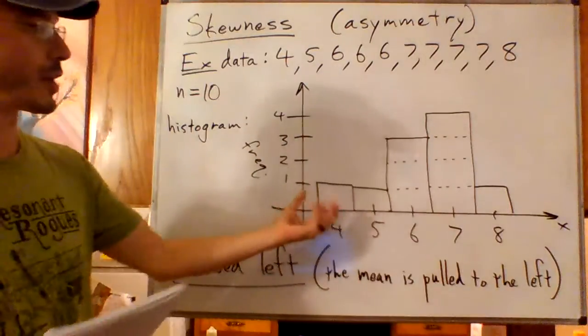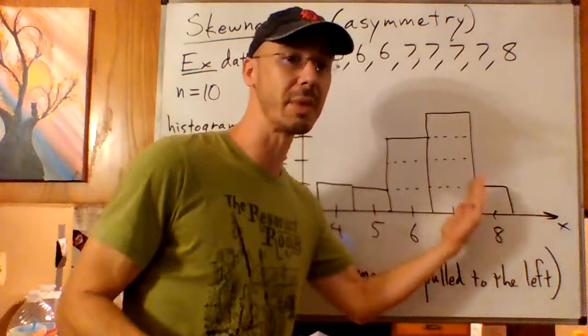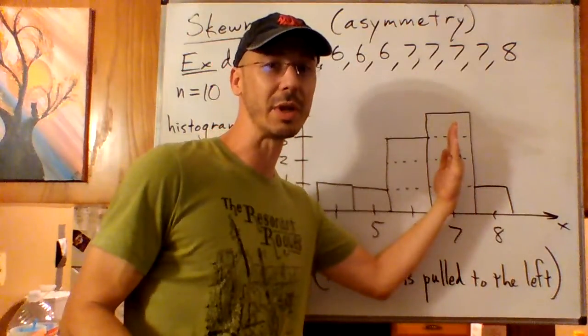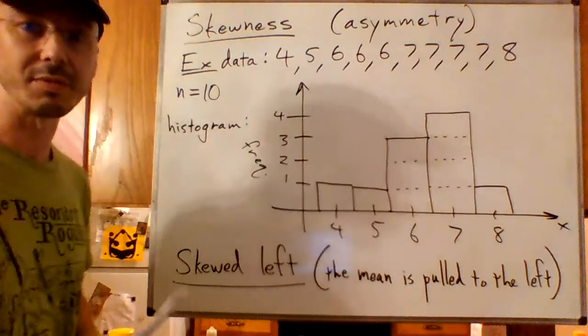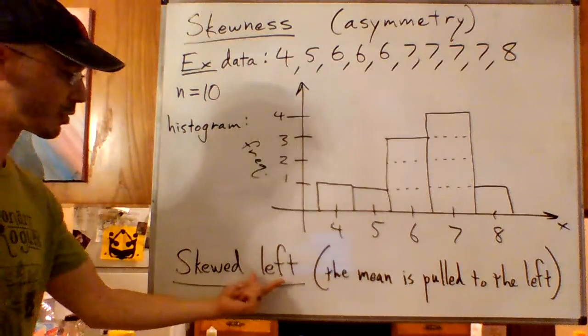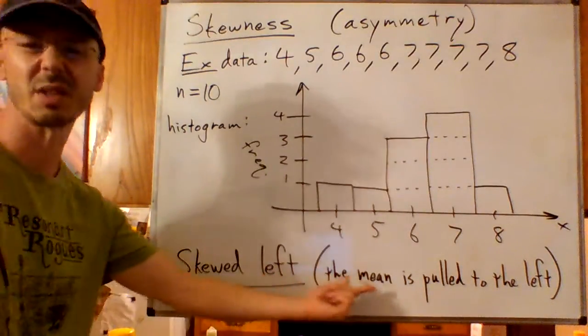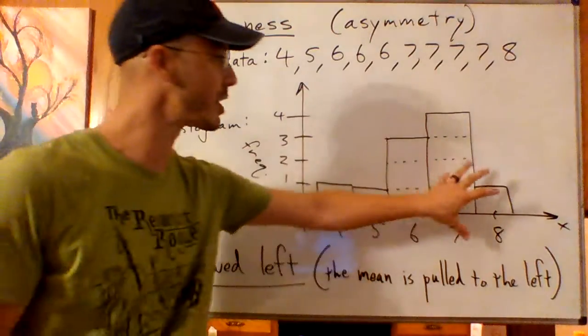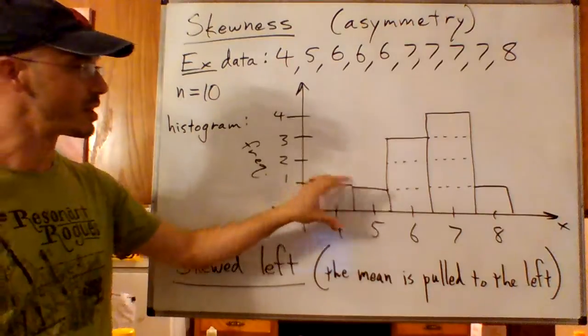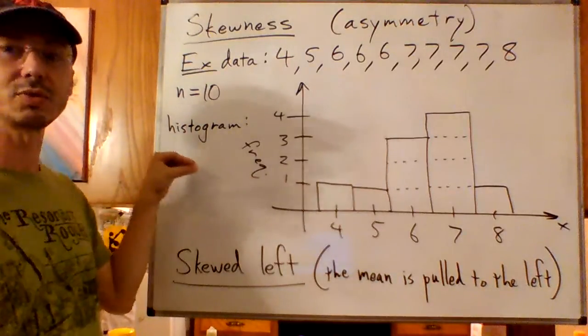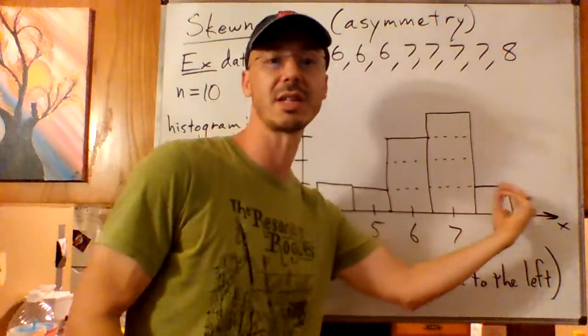Because these much lower values have an impact on the mean that makes it not where you might think it would be, but pulled to the left of that. That's really what skewed left refers to. It's skewed to the left because the mean is pulled to the left. Another way to think of it, though, is that you're actually stretching this tail out to the left, as opposed to this one that's not stretched.